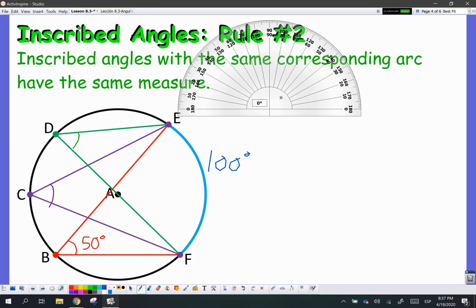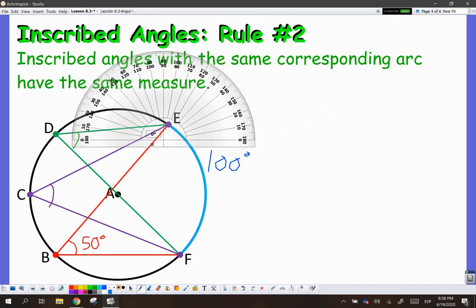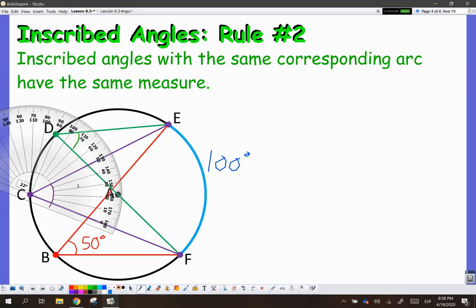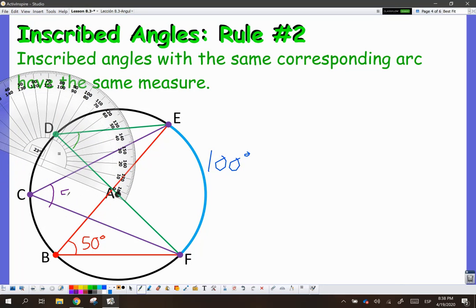But we have multiple inscribed angles here, so let's see if it's true, that inscribed angles with the same arc have the same measure. Here I measure this angle, which is also 50 degrees. Let me write that here.